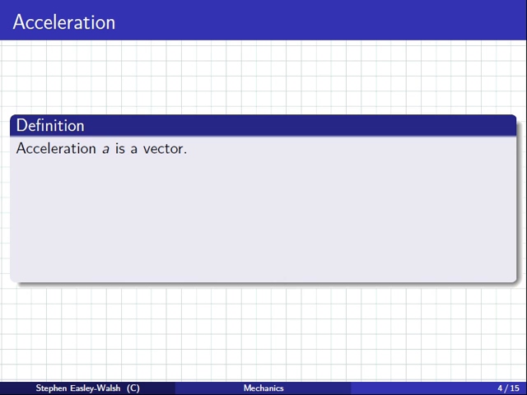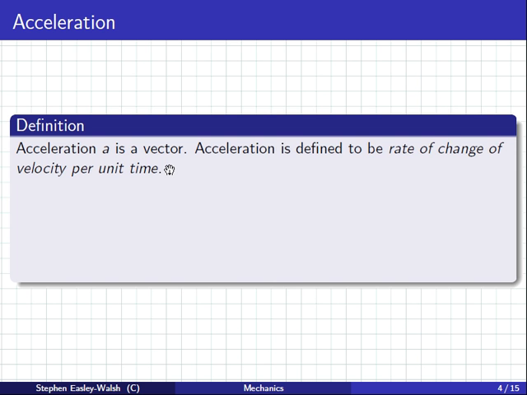Acceleration, firstly it's a vector, isn't it? And it's defined as, you said, Kehong, nearly perfect, rate of change of velocity per time. Okay? So as a formula, well, what would be the formula? Yeah, the change in velocity over the time taken.